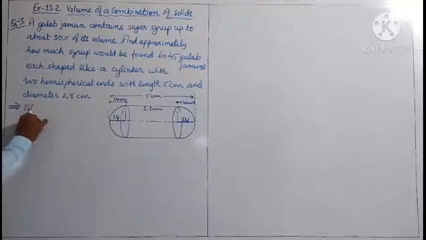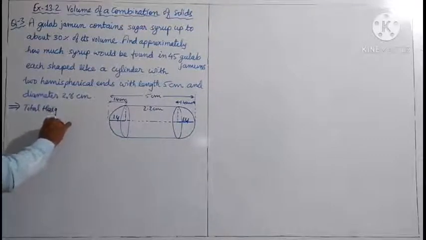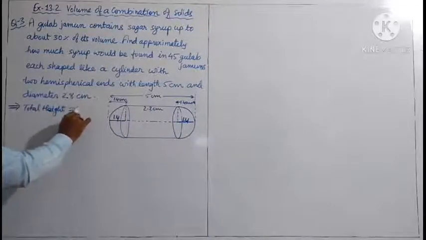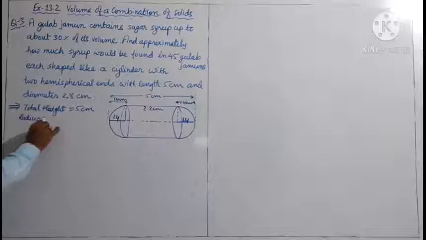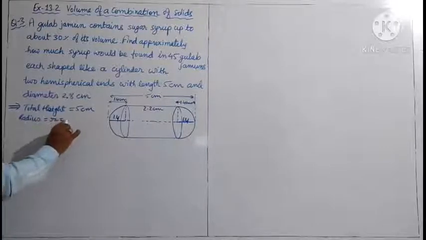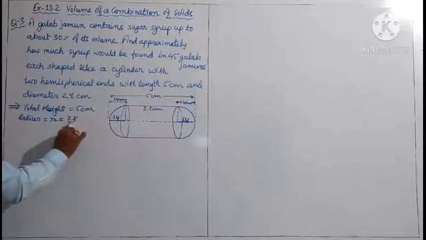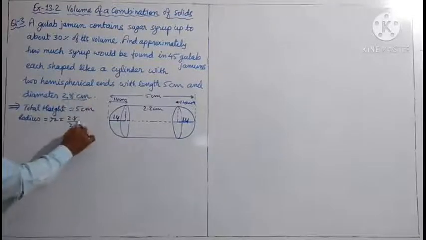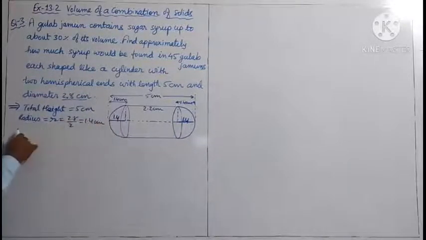Here the total height of the gulab jamun is 5 centimeter, and the radius is the diameter 2.8 divided by 2, that is 1.4 centimeter.